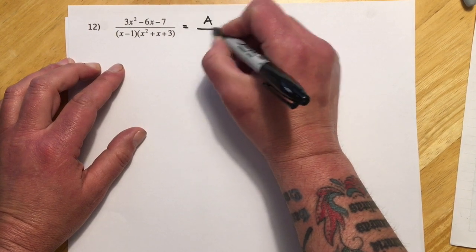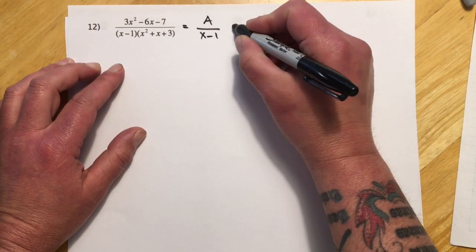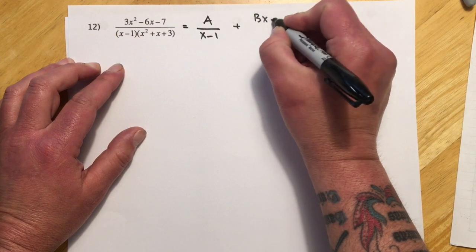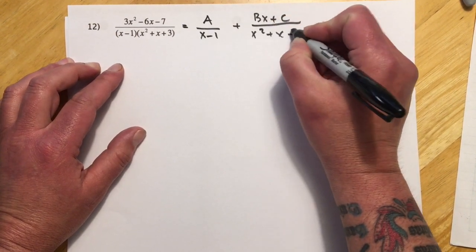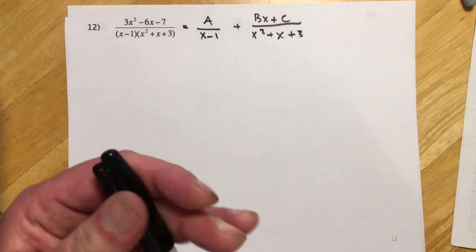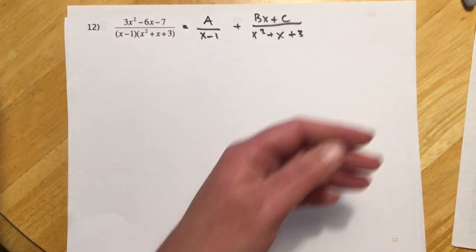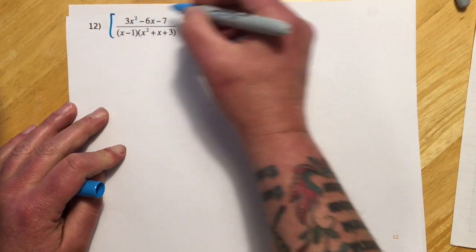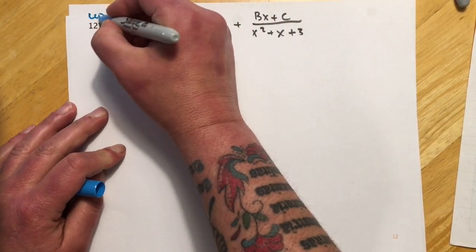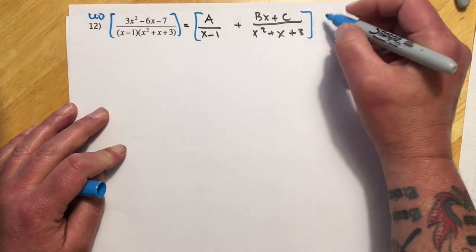So this is going to be A over x minus 1 plus, and then Bx plus C over x squared plus x plus 3. And then we do our LCD both sides to clear the fractions. So this right here is the LCD. So on this side, I'm just going to write LCD. I'll write it out over here.